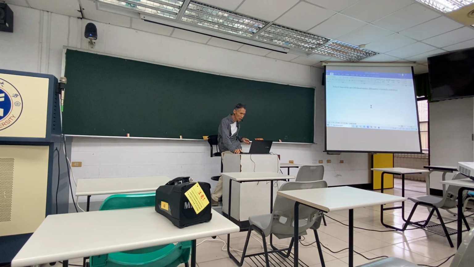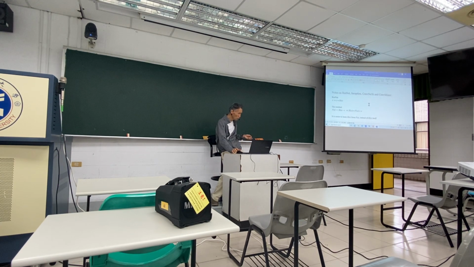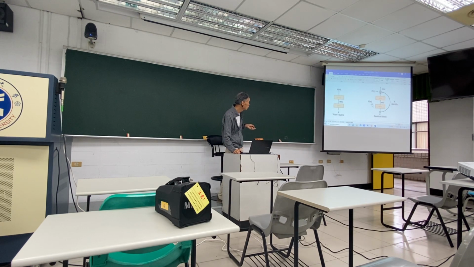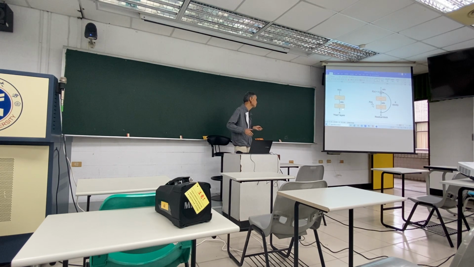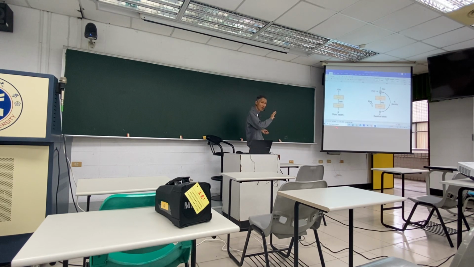But anyway, let me say something about the residual net. This is the original CNN model. You can think of it as a block. A CNN contains little blocks.